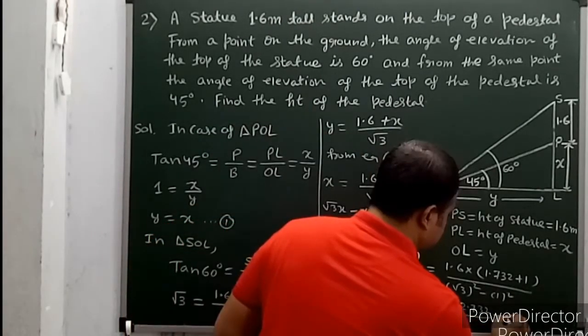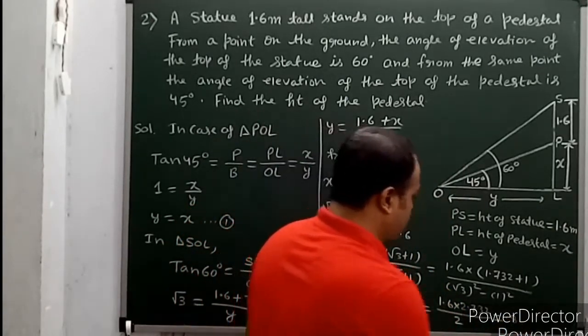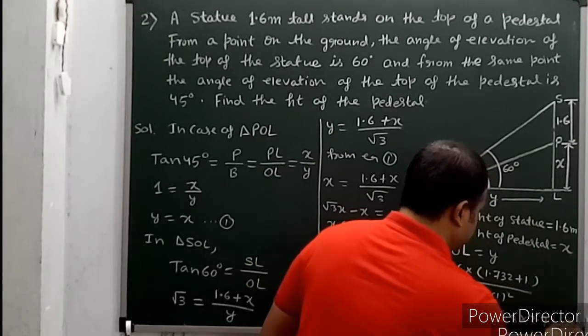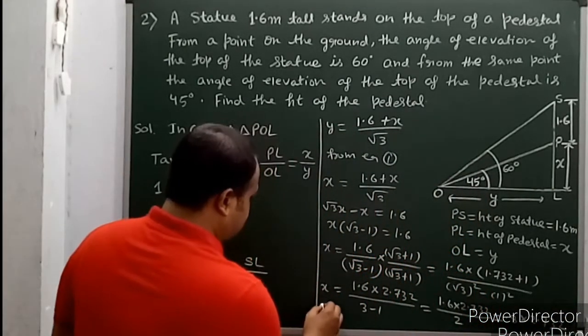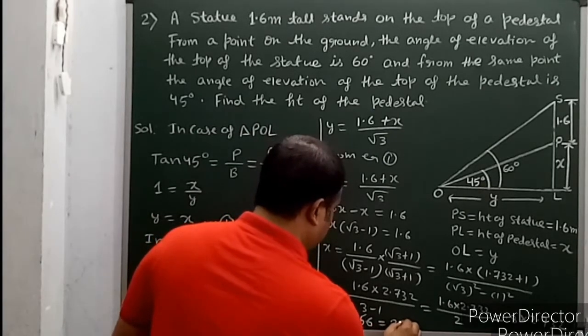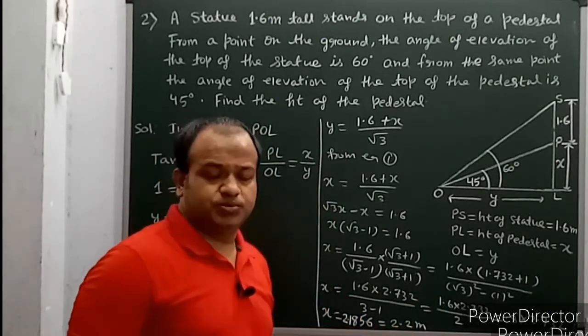We will get 0.8. If we cancel it, 1.6 and 2 will get 0.8 into 2.732. Final answer will be 2.2 meter. Therefore, height of the pedestal is 2.2 meter.